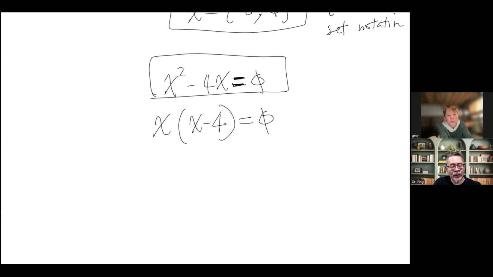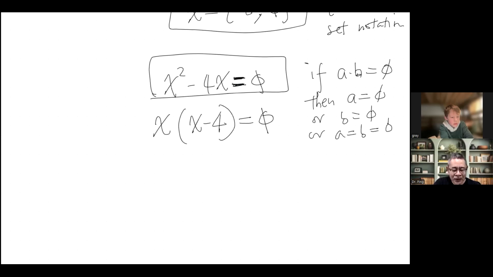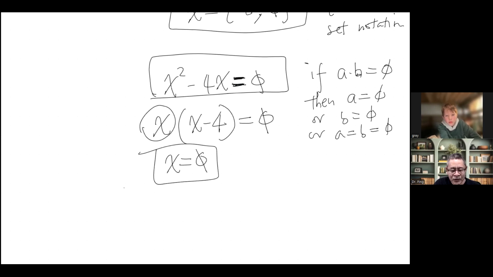So remember the zero product rule. If we have two numbers, a times b equal to 0, then we have three possibilities: either a is 0, or b is 0, or both a and b are 0. In this case, we only have two possibilities, because x and x minus 4 don't equal each other. So either x equals 0, which is a solution, or x minus 4 equals 0, which gives us x equal to 4.